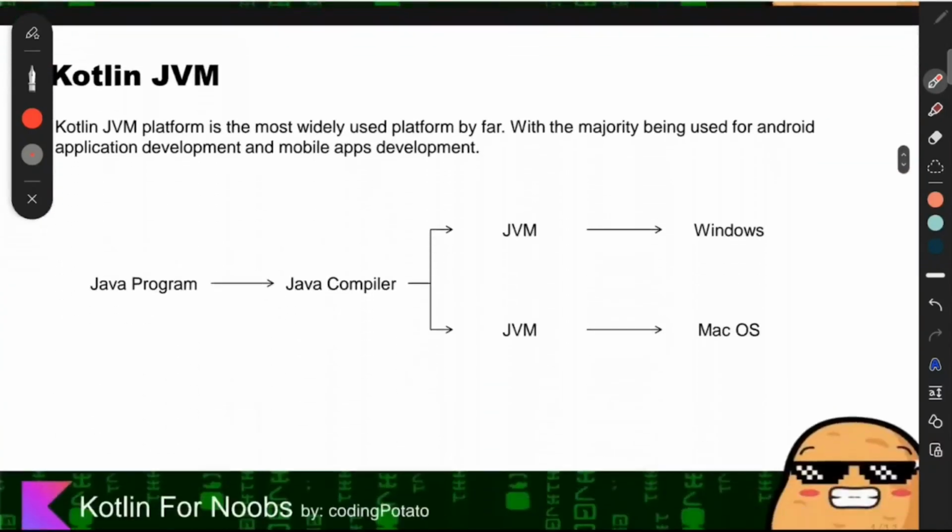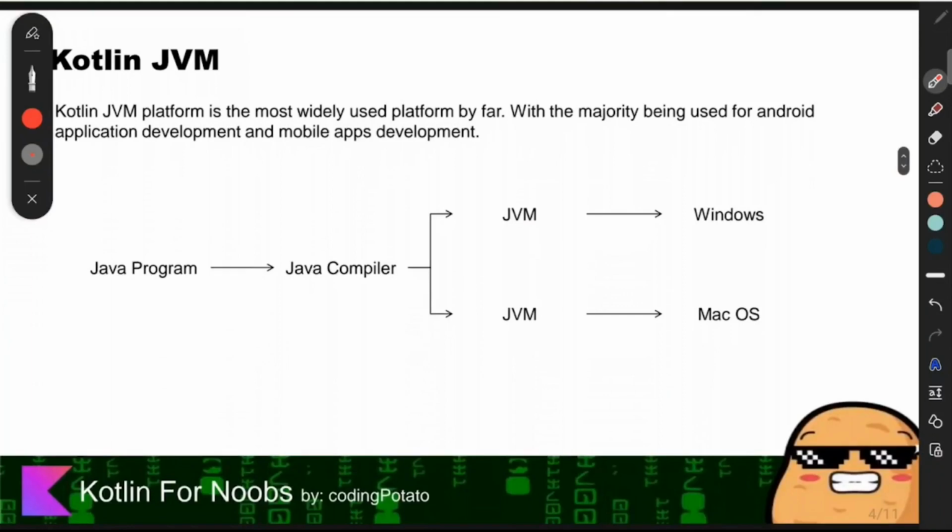Alright, so the JVM. The Kotlin JVM platform is the most widely used platform by far, with the majority being used for Android application development and mobile apps development. Now, I know that most of you here are learning Kotlin because you want to develop applications for Android.